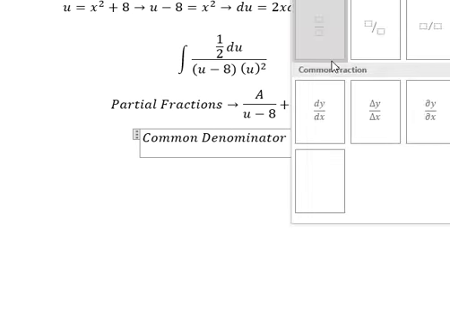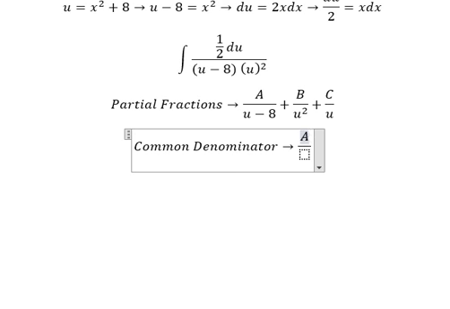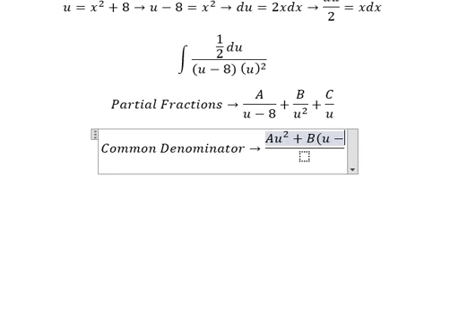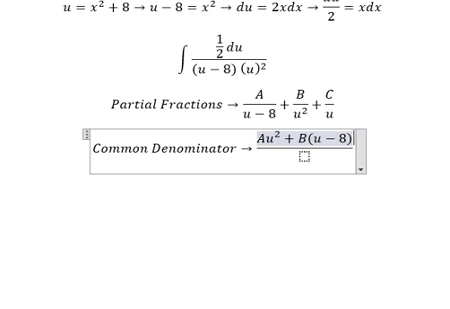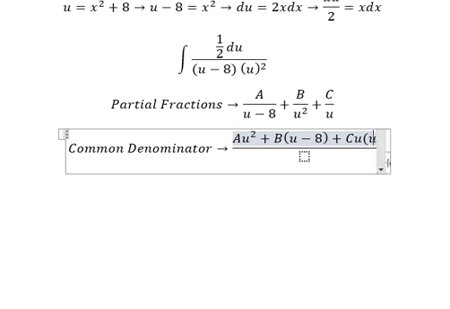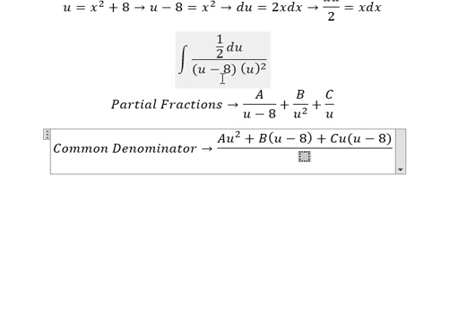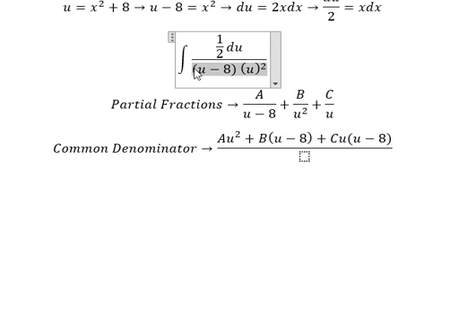So capital A we multiply by u squared, capital B multiply by u minus a, capital C multiply by u and u minus a. This one we have same this one in here.